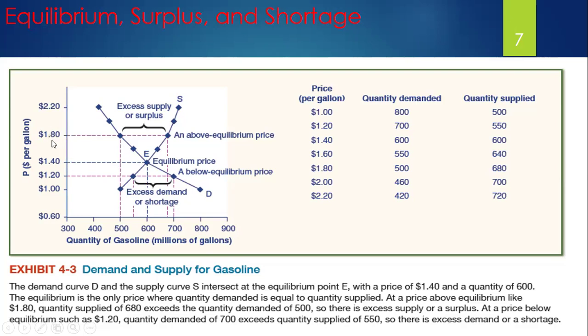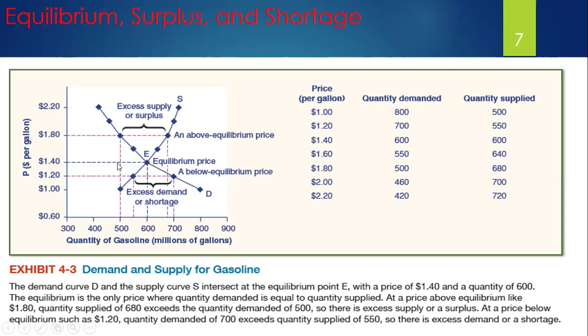So what happens at that point? The quantity demanded here is only 500. See down here, go down in the curve, demand, this is D here, demand slopes from left to right. So $1.80 is a price above the equilibrium price.